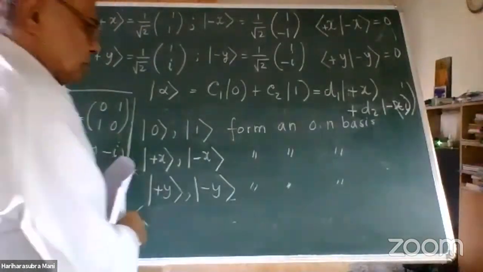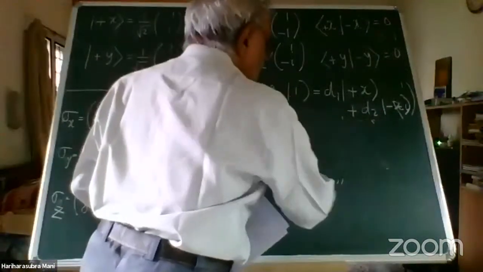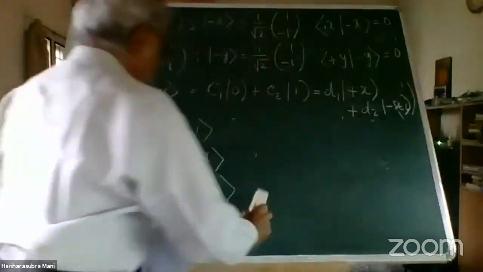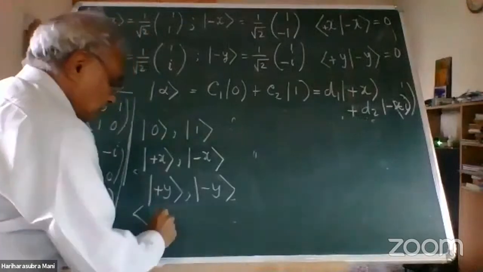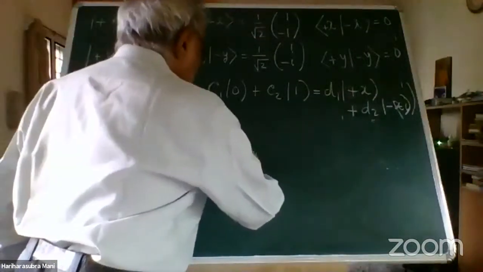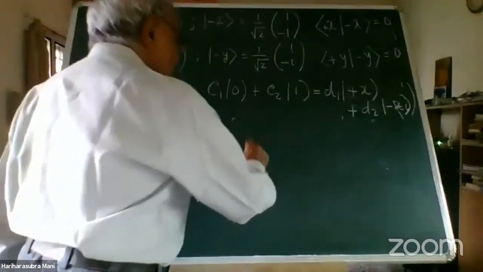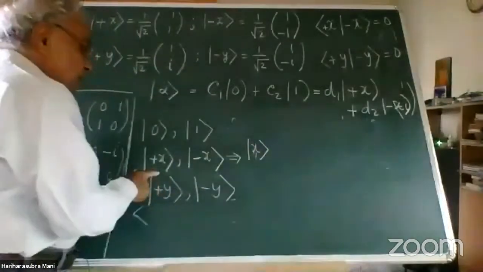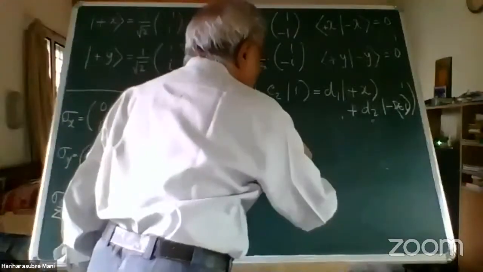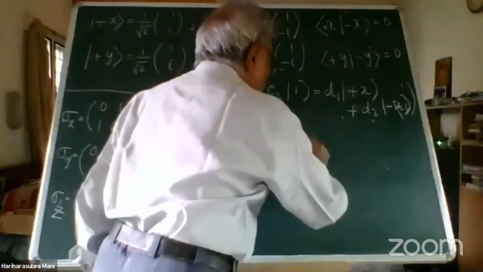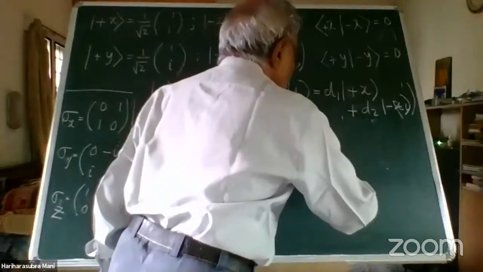How do I relate them? I can write plus x. Plus x is a vector in my space. This is a basis, so I should be able to write it in that. And that is very simple. I have it here, 1, 1. So it is 1 by root 2, 0 plus 1 by root 2, 1.